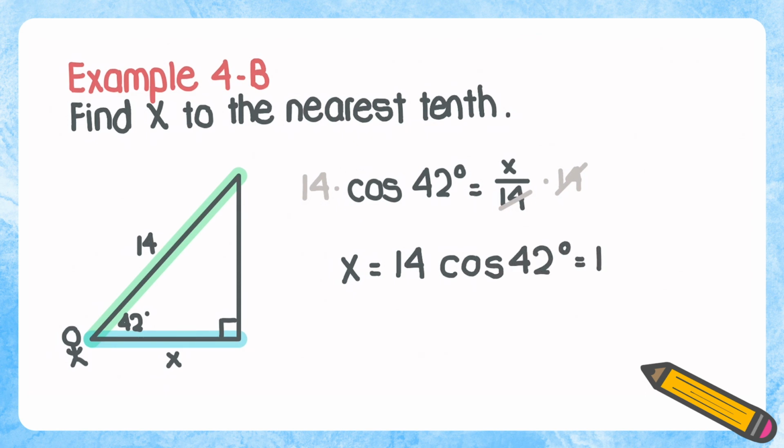And when you plug it into the calculator, you get 10.404, and it keeps going. Rounded to the nearest tenth, x is approximately 10.4. So here we use the cosine function to find the missing side length x.